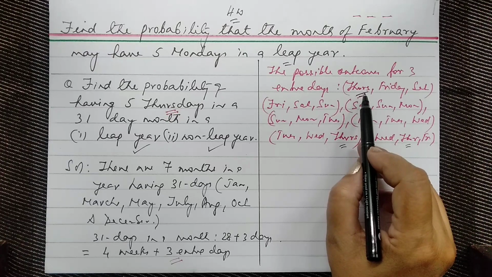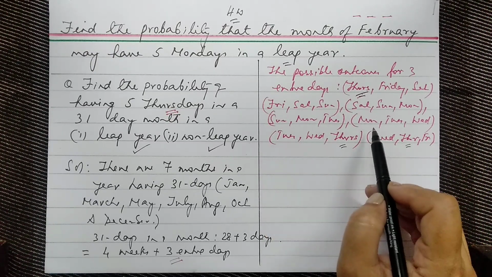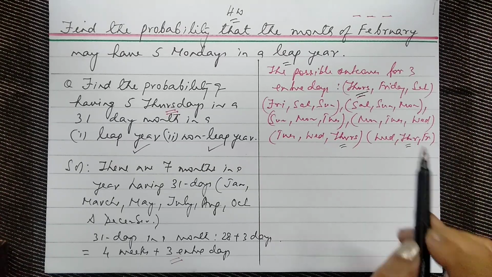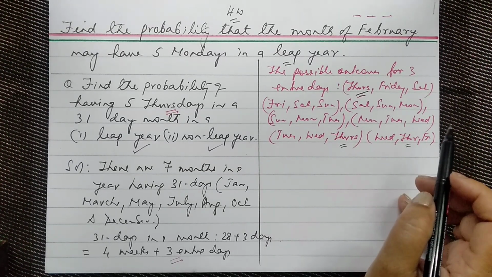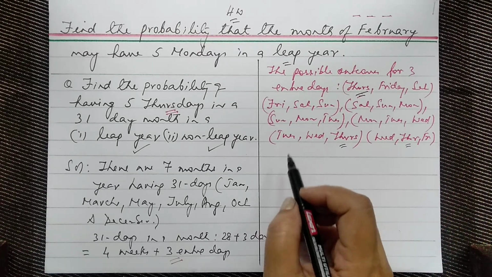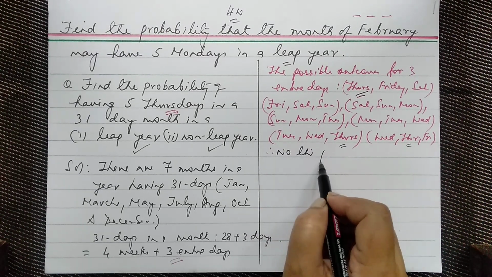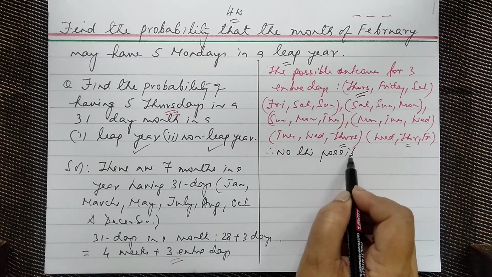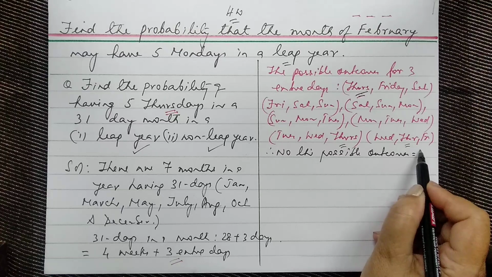But if you just go like this, Thursday, Friday, Saturday, Sunday, Monday, Tuesday, Wednesday, it becomes very easy for you to lay this out. So the number of possible outcomes is 7.